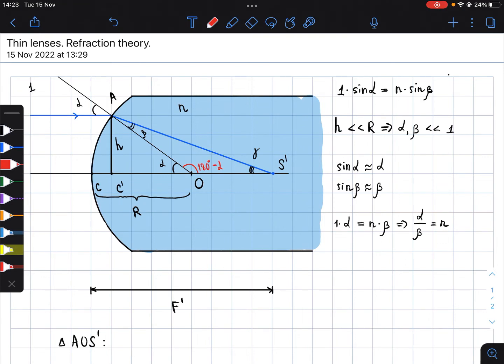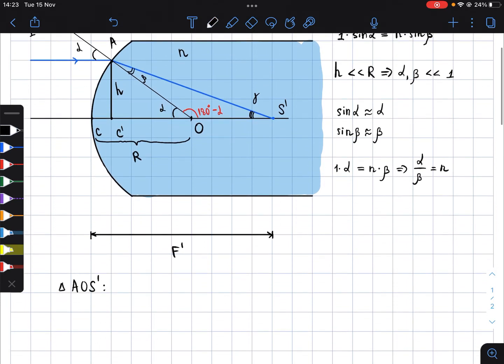But the sum of these angles is going to be 180 degrees. Let's write it down: angle beta plus gamma plus 180 minus alpha is equal to 180. We can cancel 180. From that, alpha is just beta plus gamma, so our angle gamma is going to be alpha minus beta.